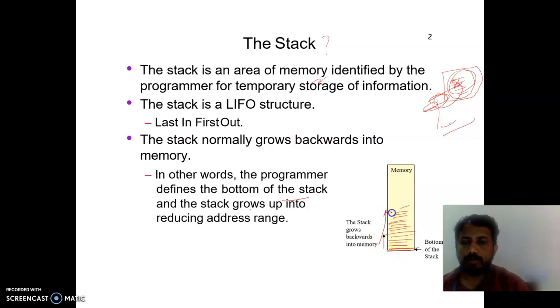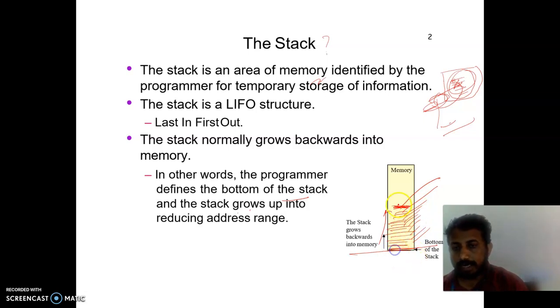It moves into the memory backwards. When we are retrieving the data, it first picks this one, then this, then this, then this. It will flow back.